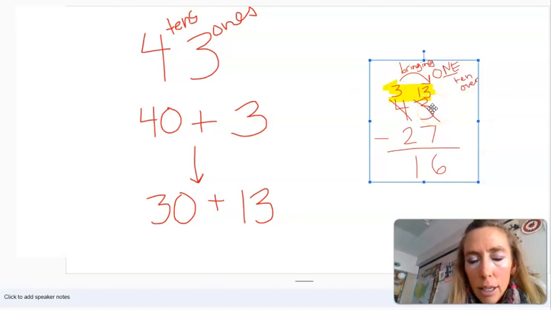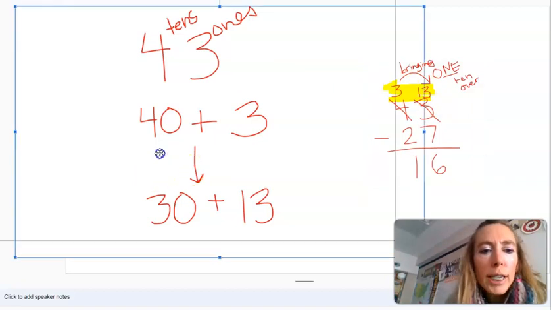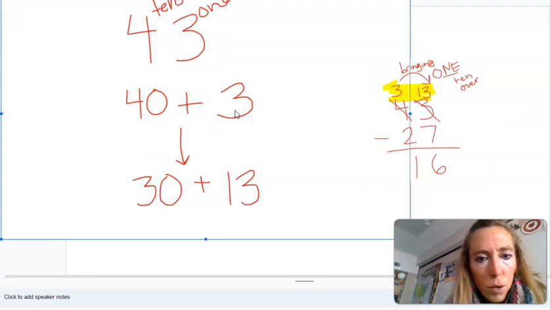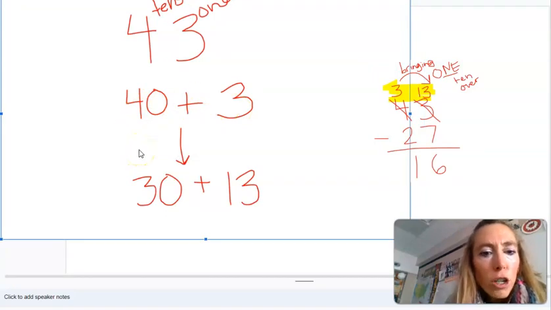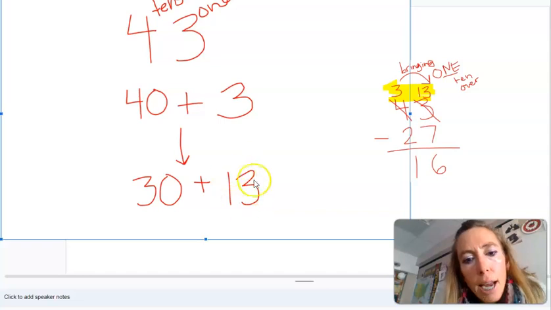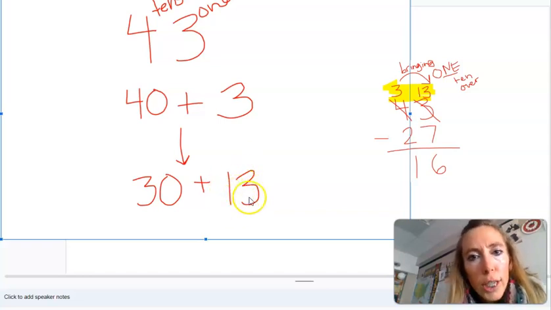Is it? Is 3 plus 13 equal to 43? No. That's because that's not a 3. That's 3 tens. So check what I did over here. I have 40 and 3 that make 43. But now when we regroup, we take a 10 from the 40, it becomes a 30. And we move it over to the 3. So now 10 plus 3 is 13.